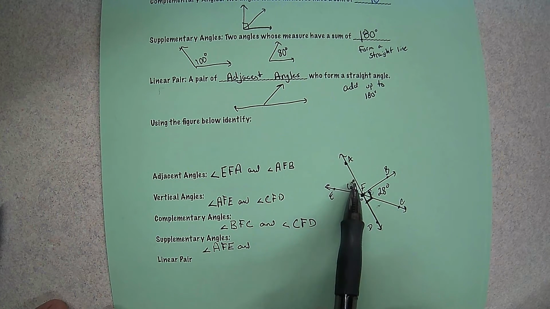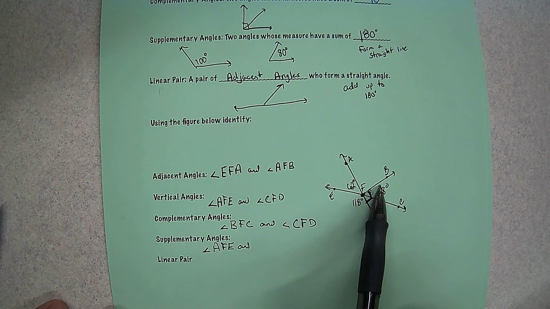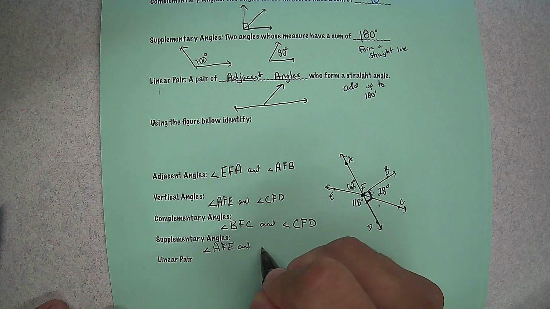So AFC I could say as well. Even though there's this line in between here, we don't have to use it. So it could be AFC as well, and angle AFC.